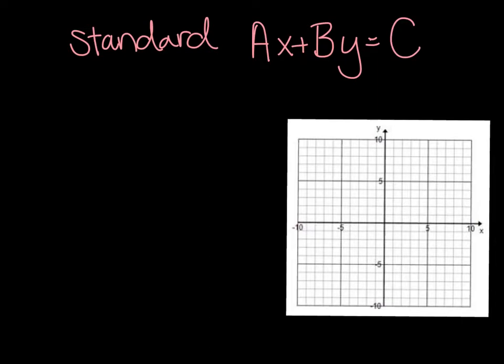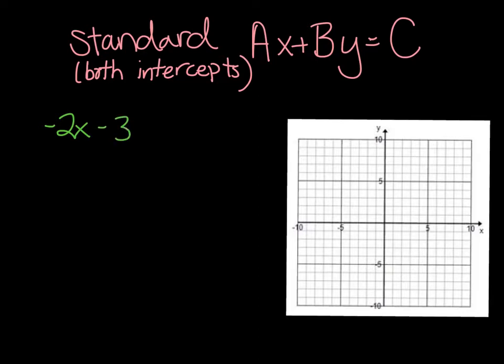Okay, so standard form, think both intercepts. Okay, so if we are given this form, let's say we have negative 2x minus 3y equals, let's go with 12.